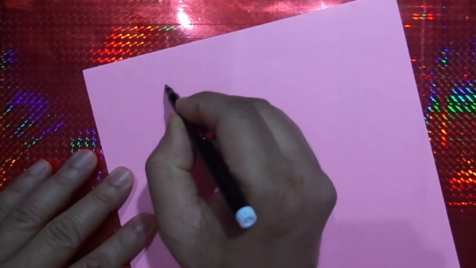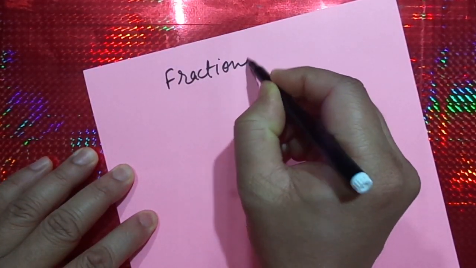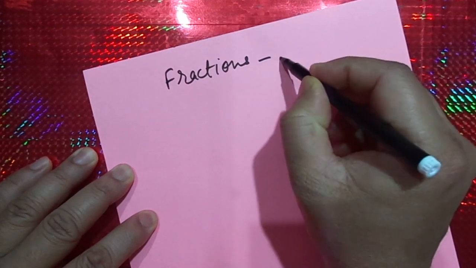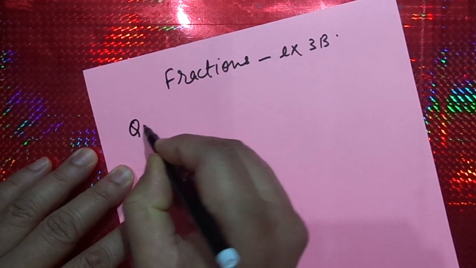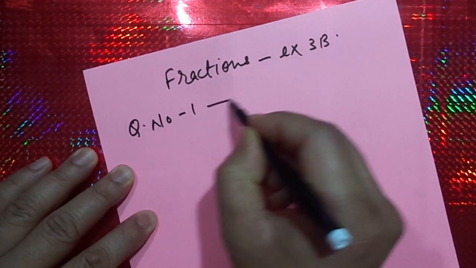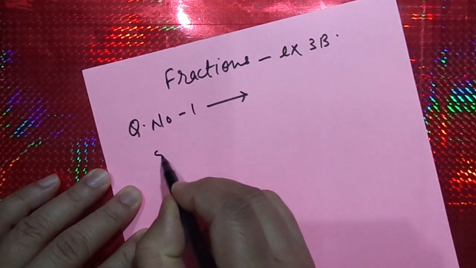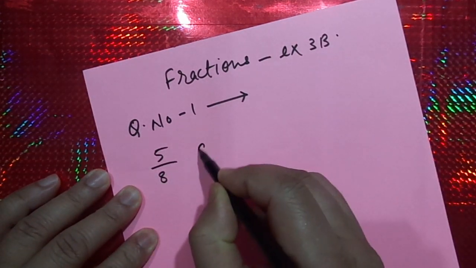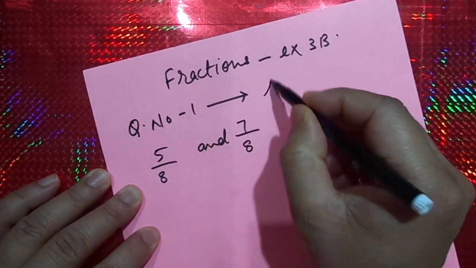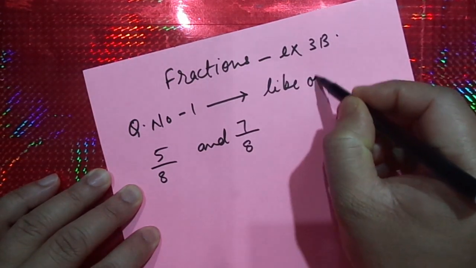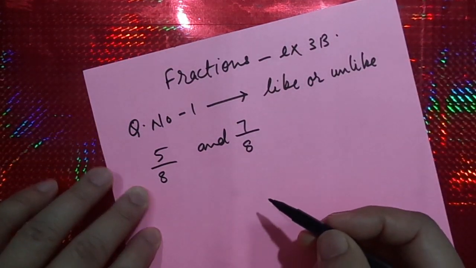So here we have once again fractions, exercise 3b, in which number 1 states that you find whether the fractions 5 by 8 and 7 by 8 are like or unlike fractions.